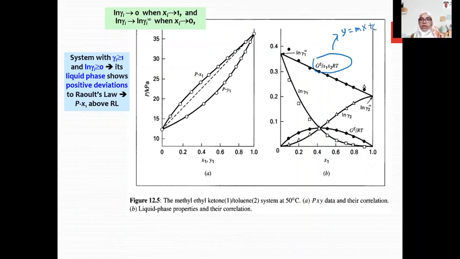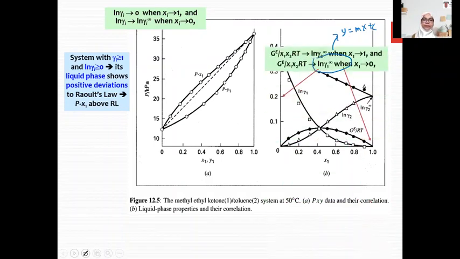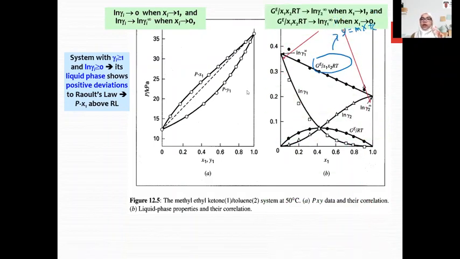When we rearrange this data, we can have another equation that correlates to it.